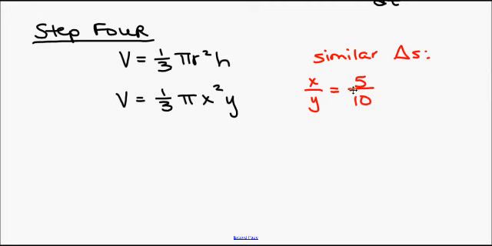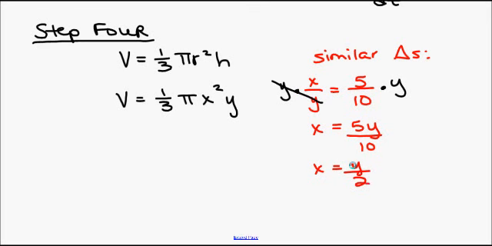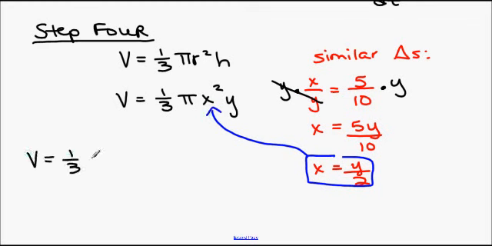To do that, I'm going to multiply both sides by y. You could also cross multiply if you like that better. So x equals 5y over 10, which is the same as y over 2. I can substitute this into my equation, so V equals 1/3 pi times (y over 2) squared times y.